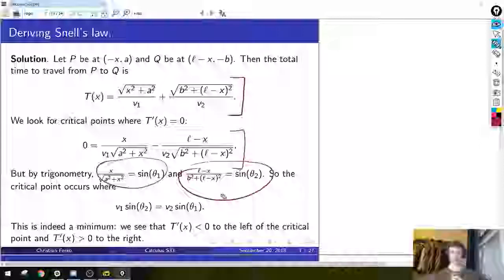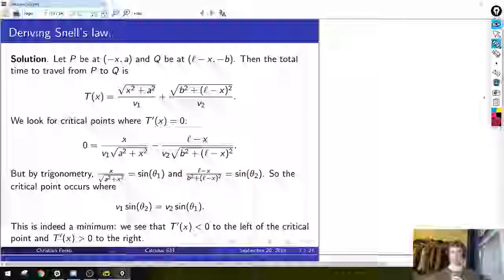Do some trigonometry to replace those by angles. And then you find this very nice result, which you could write by, say, dividing by v2 in the way that you wrote it a moment ago. So this is indeed the relationship between the angles and the velocities that light actually takes when it travels between media.